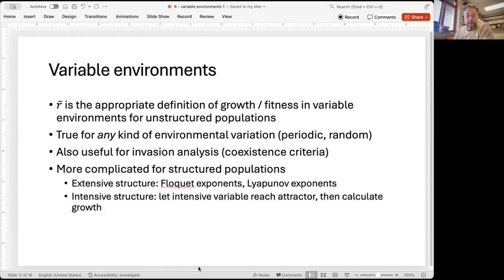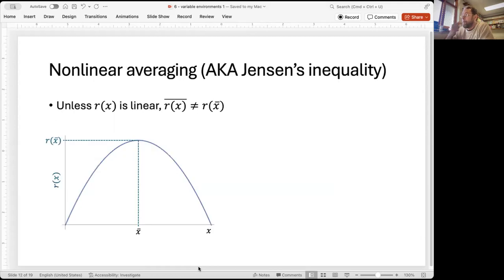All right. So part two of my preamble, which will be useful for next week: this phenomenon called nonlinear averaging, also known as Jensen's inequality. Has everyone seen this?